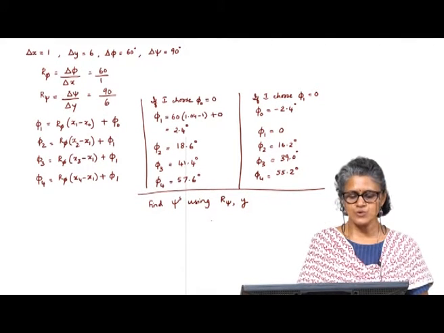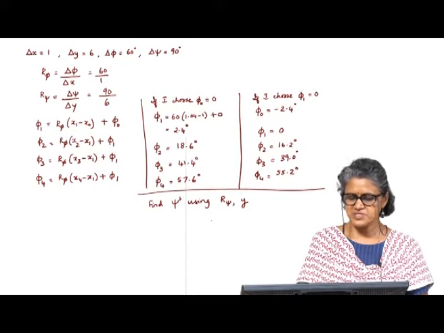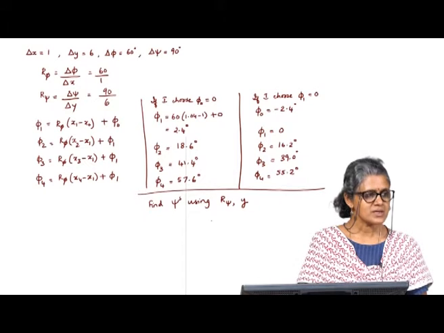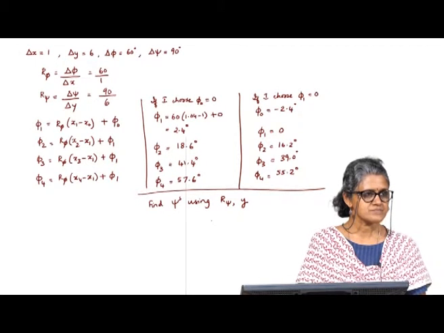Okay. So, this is how you use Chebyshev spacing for function generation in order to determine the precision points.